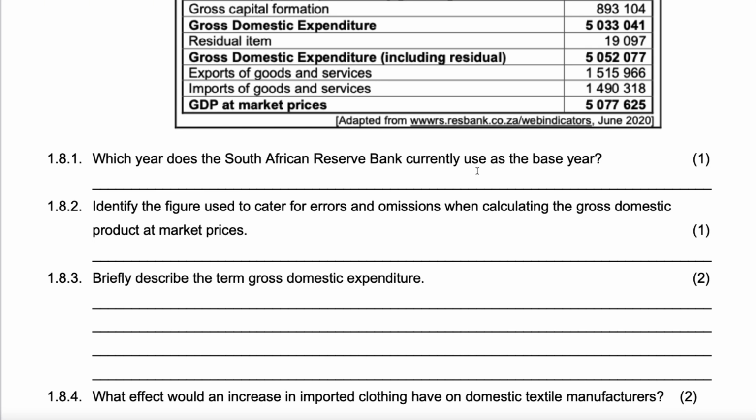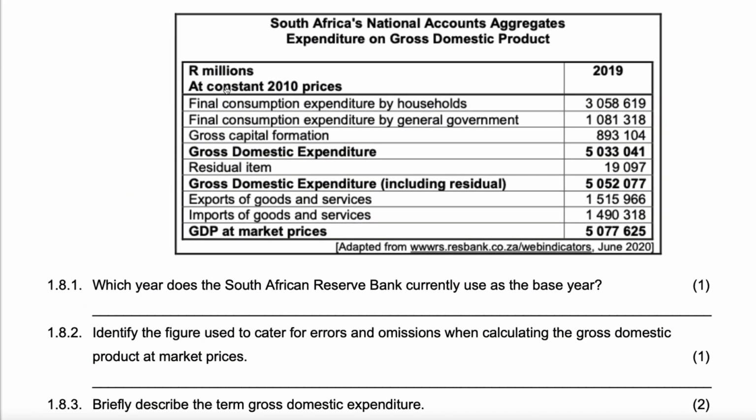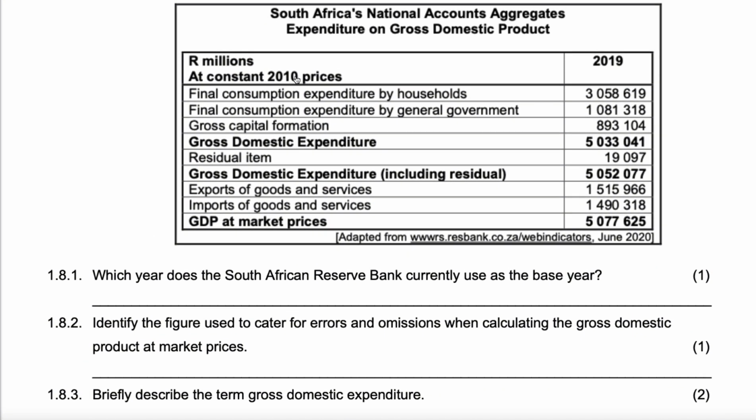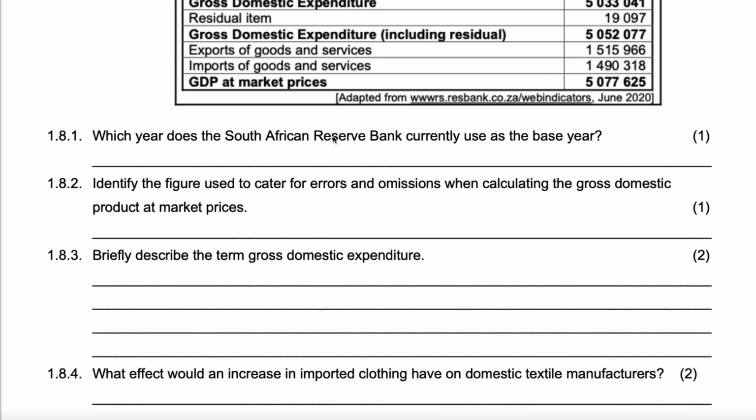Currently, the Reserve Bank is using 2015 as the base year. But for the purpose of this activity, someone may write 2010. I think it's unfair to mark them wrong because they are responding to the data given to them. So they may want to say 2010, but in reality, that will be 2015. If you watch this at a later stage, the answer might have changed to 2020.